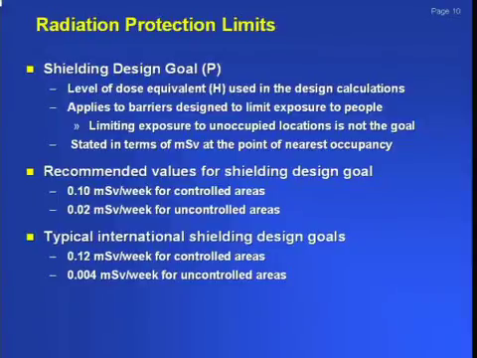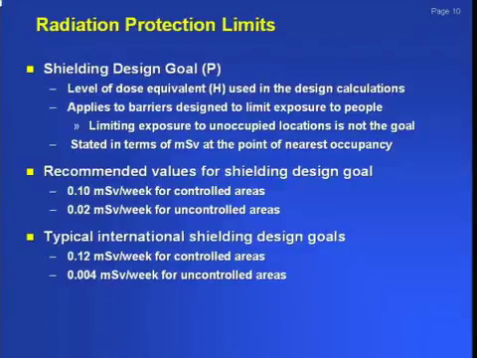The recommended values that we use for all of our shielding design goals in the U.S. are 0.1 millisieverts per week for controlled areas and 0.02 millisievert per week for uncontrolled areas. If you work in the international realm, you need to realize that internationally, the exposure limits you work with are 0.12 millisievert per week for controlled areas and 0.004 millisievert per week for uncontrolled areas.